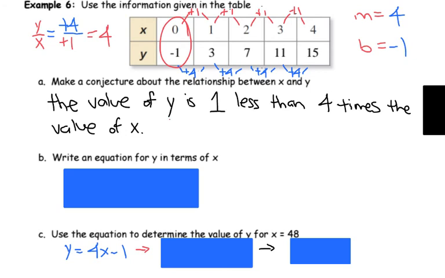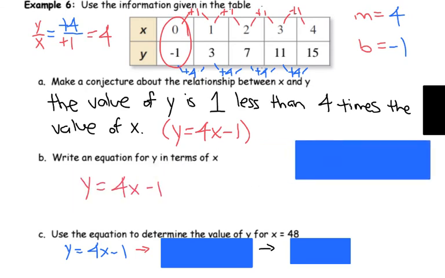That comes from y equals 4x minus 1. That's where I'm getting that conjecture from. So the value of y is 1 less than 4 times the value of x. I think I just answered question B. Write an equation for it: y equals 4x minus 1.